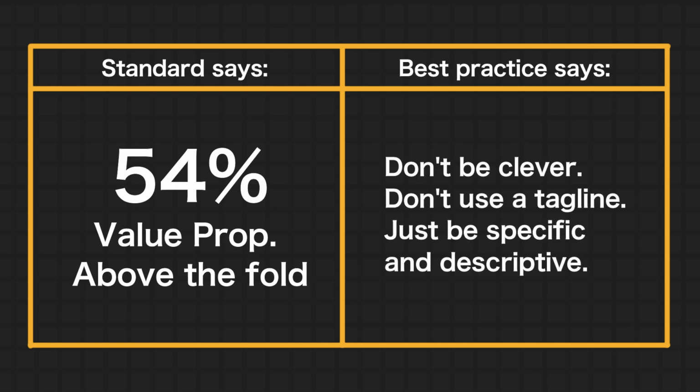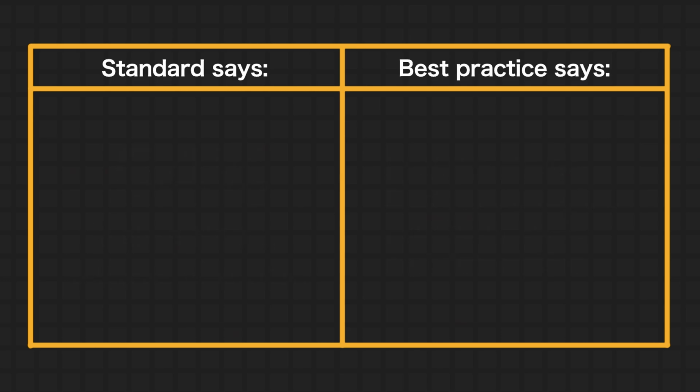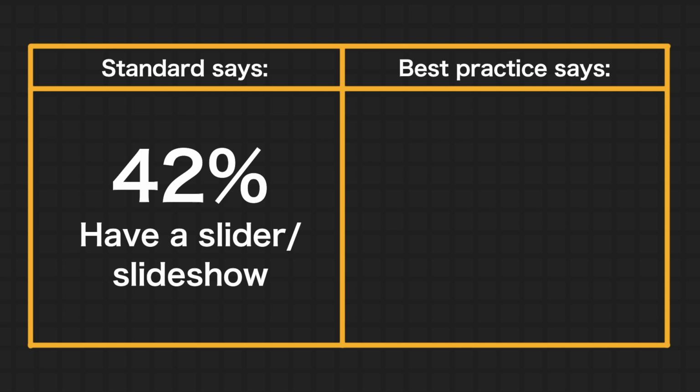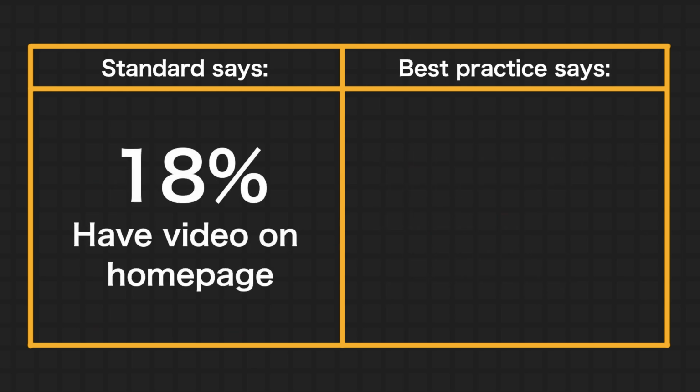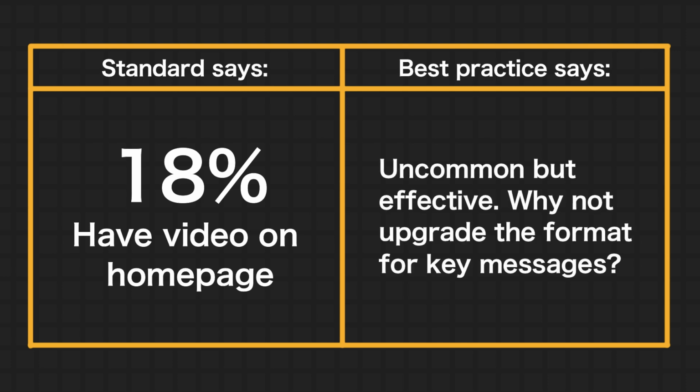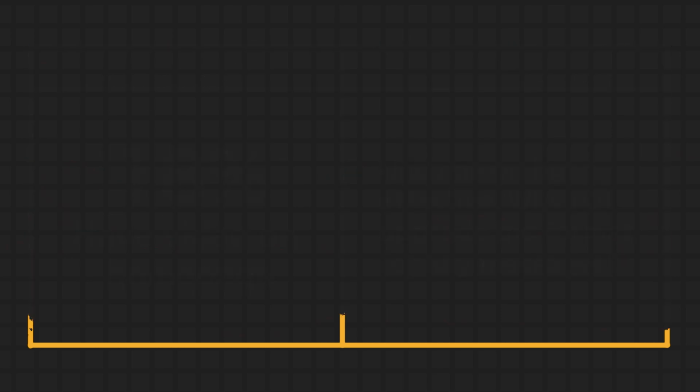Don't be clever, don't use a tagline, just be specific and descriptive. 42% of websites have a slider or a slideshow. Some sites still do it, despite tons of research against its effectiveness. 18% of websites have a video on the homepage. Uncommon, but effective. Why not upgrade the format for key messages?